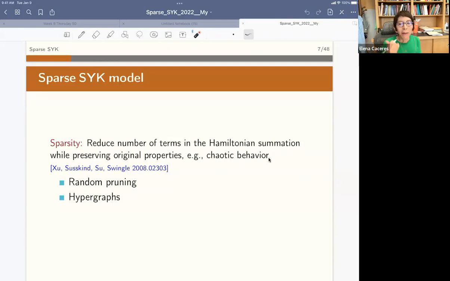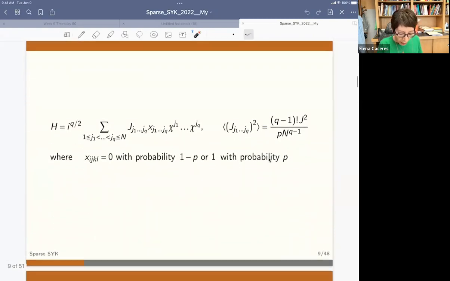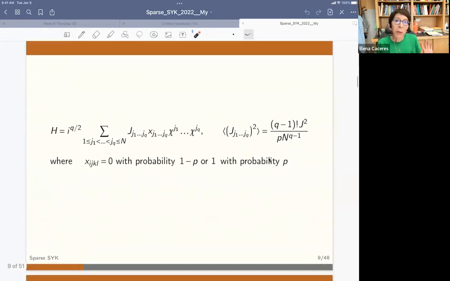So there are different ways of introducing this sparseness. One of them is random pruning, and the other one is hypergraphs. I will be mostly focused on the hypergraph story because, for practical computations, we use the hypergraph story, and the mathematical aspects of it have not been very much explored, I think. Random pruning, though, is more intuitive to understand.